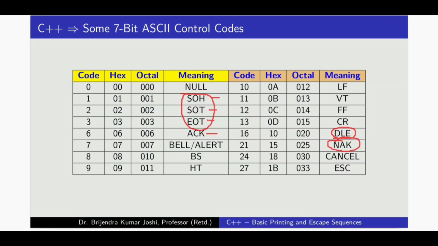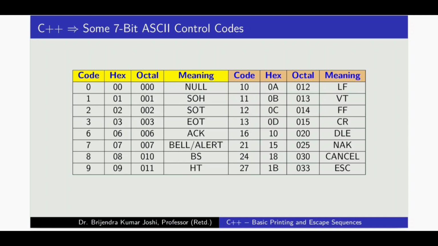We are not interested in these codes. What we are interested in is maybe backspace, horizontal tab which we have just discussed, line feed, vertical tab, form feed, carriage return. So I have written a small program using which we can demonstrate the use of these codes.